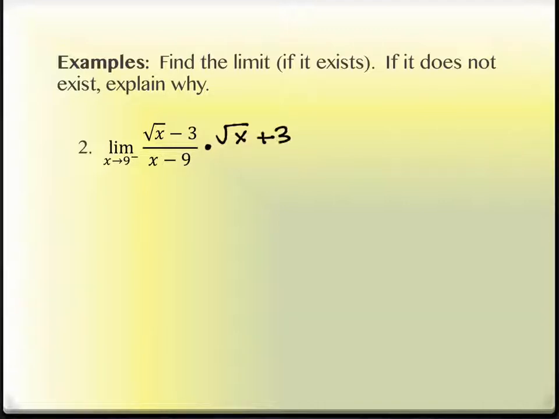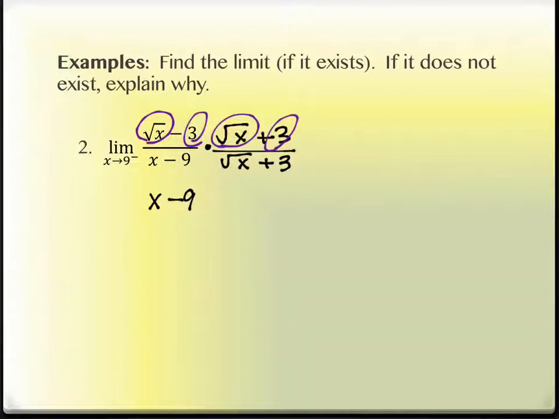Right, the square root of x plus 3. Now with the numerator, that ends up meaning I multiply my first terms together to give me an x. And I multiply the last terms together to give me a 9. And what sign goes in between? A negative, because one was a positive 3 and one was a negative 3.